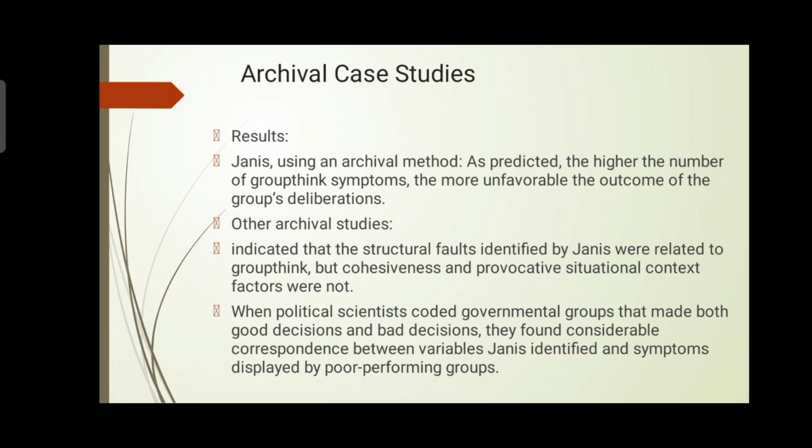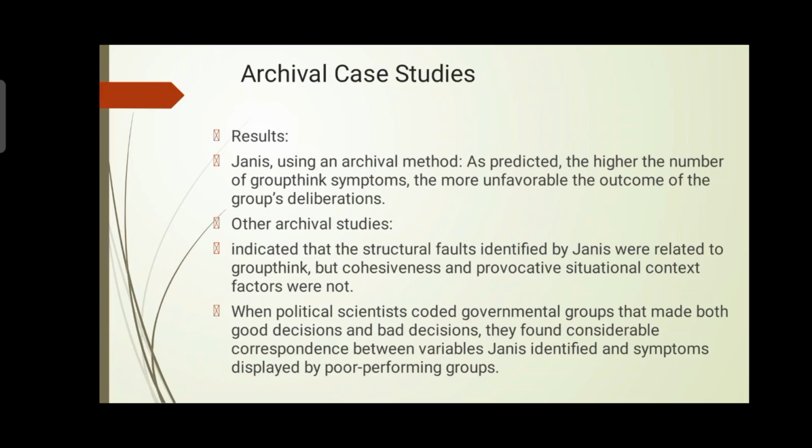So the result, as predicted, was that the higher the number of groupthink symptoms, the more unfavorable the outcomes of the group deliberations. And also, other archival studies indicated that the structural faults identified by Janis were related to groupthink, but cohesiveness and provocative situational context factors were not.